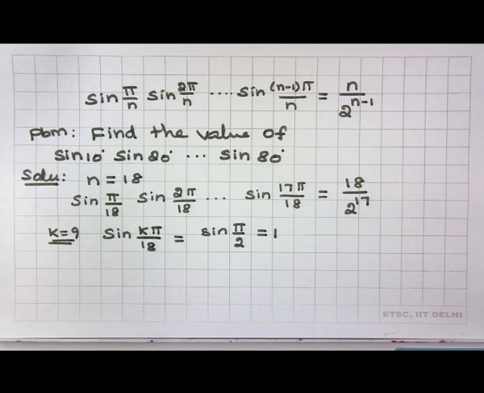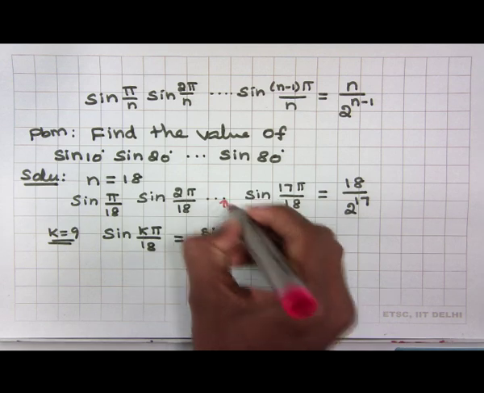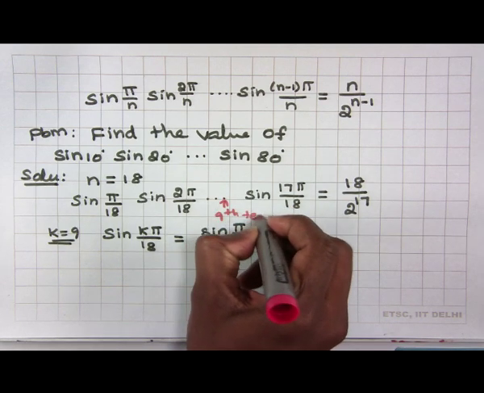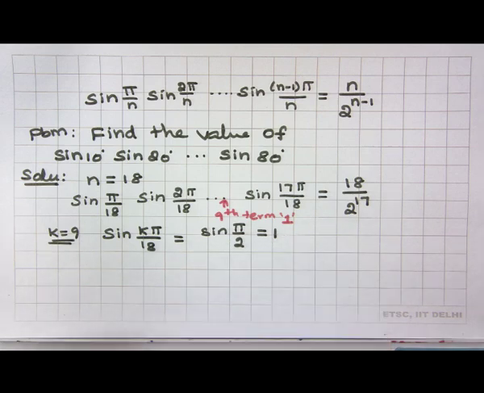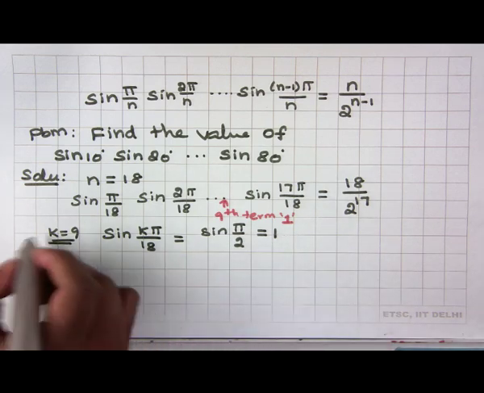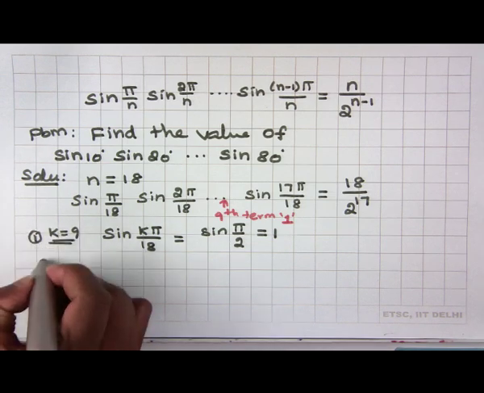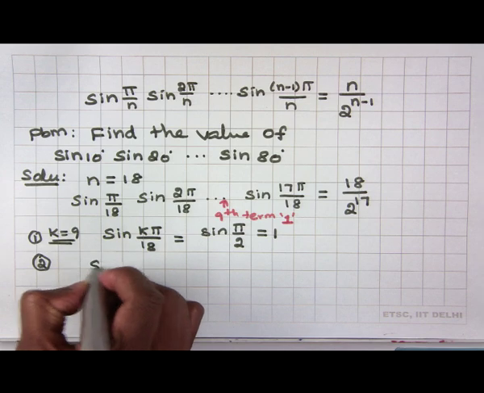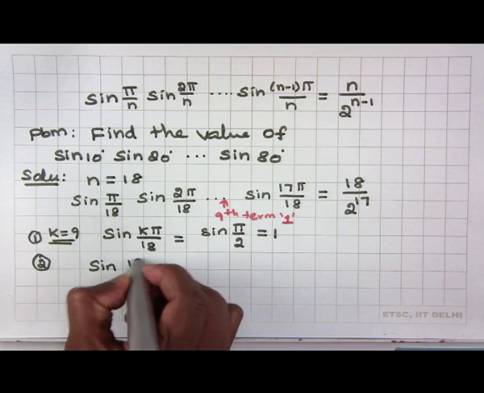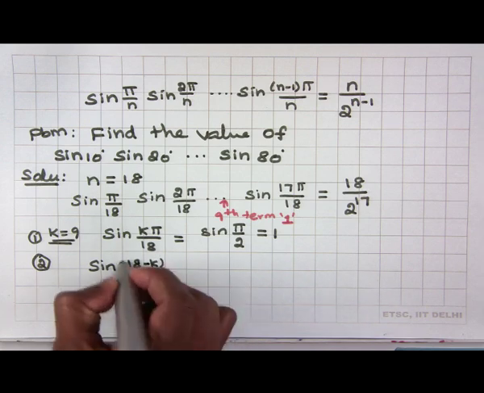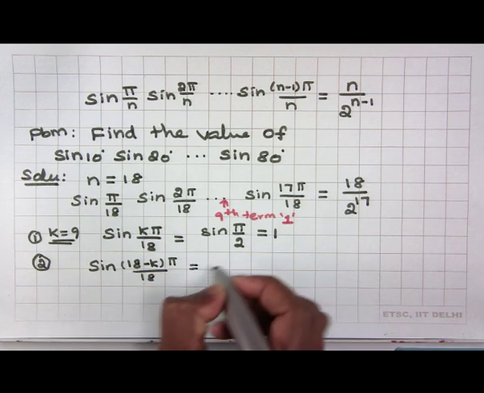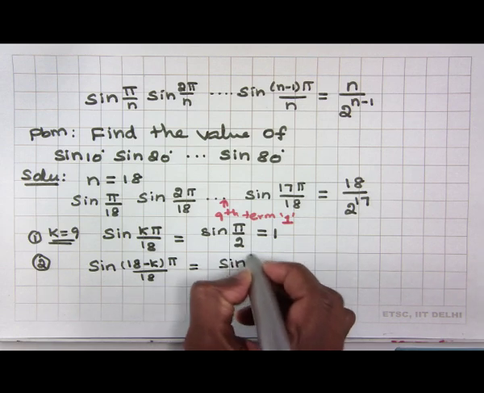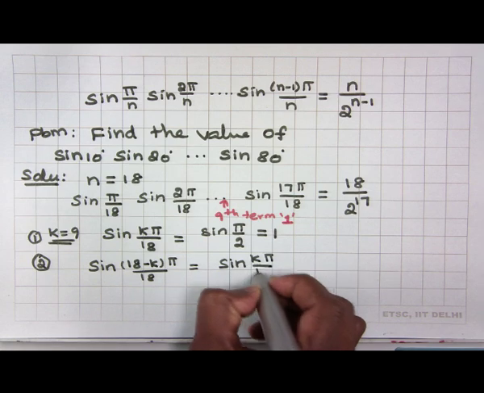So the ninth term in this expression has value 1. The second observation is, if we consider sin (18 minus k) pi by 18, which is the same as sin k pi by 18.